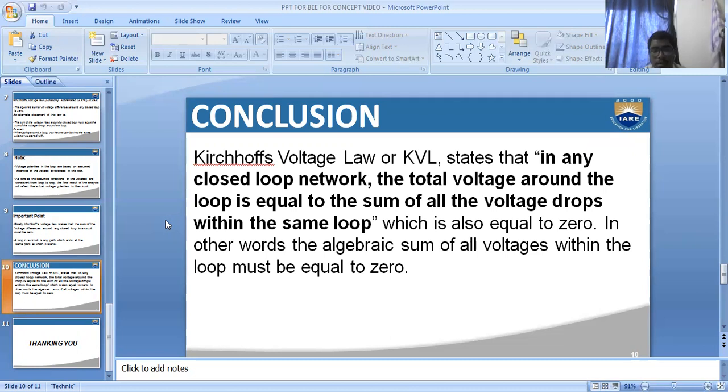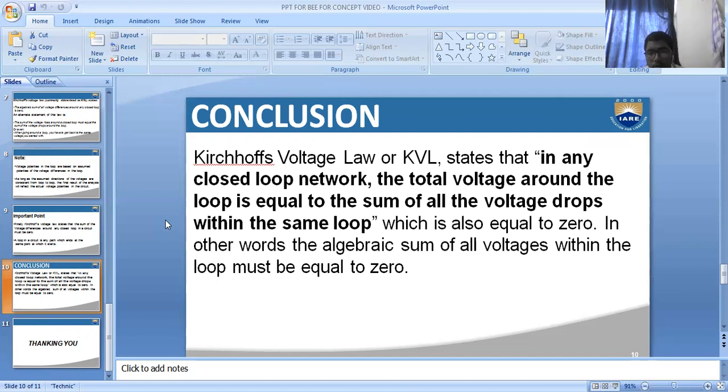In other words, the algebraic sum of all voltages within the loop must be equal to 0. What this explains is that the sum of all the voltages in any closed loop in any circuit, whether we use a negative sign in the direction of the flow of current or opposite to it, when we write an equation with KVL, must be equal to 0 only.